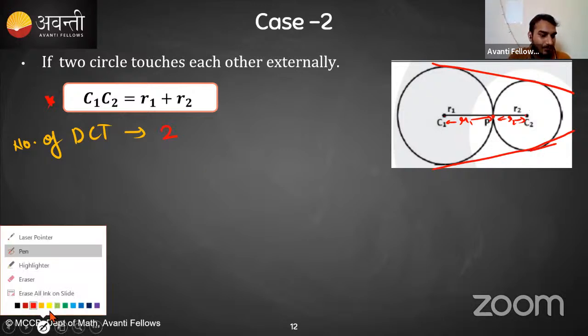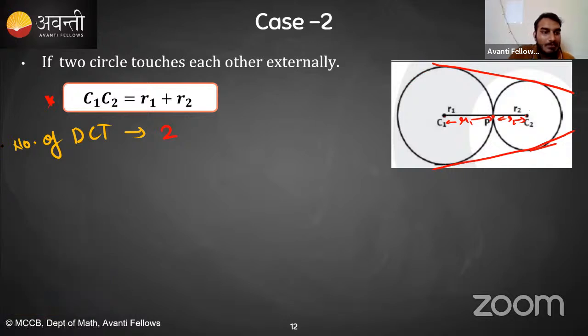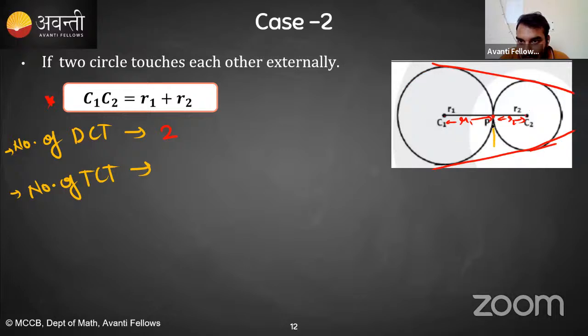Now can anybody tell me how many indirect, that is transverse, common tangents are possible? Very good, Pramod. One transverse tangent is possible, and it is quite clear that this transverse common tangent is something like this only. So this red is the direct common tangent and this orange is the transverse common tangent.